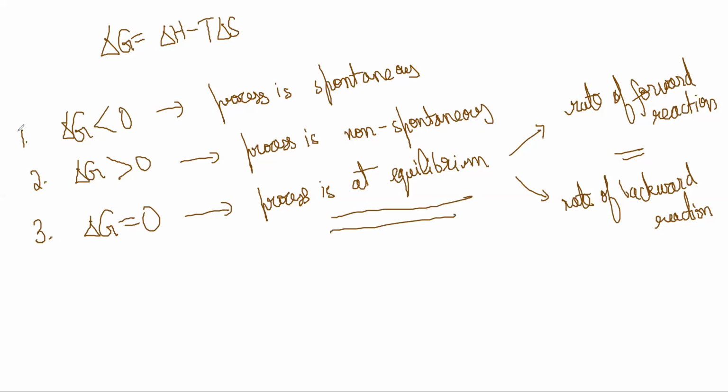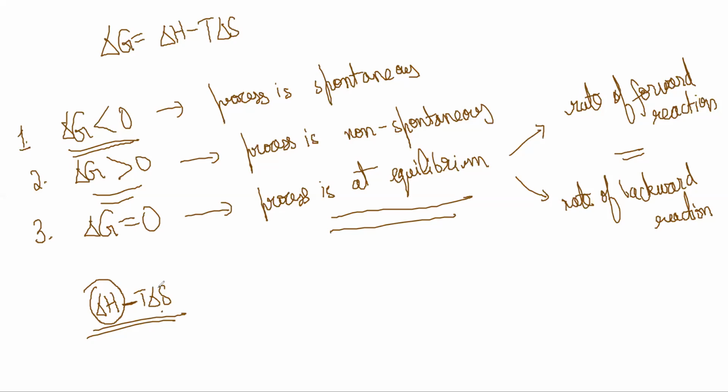So what he figured out was delta G is less than 0 for a spontaneous process, greater than 0 for a non-spontaneous process, right? So for delta H minus T delta S, you have to make it negative for the process to be spontaneous. If this part is endothermic, if it is positive, then your entropy should be higher than some value.